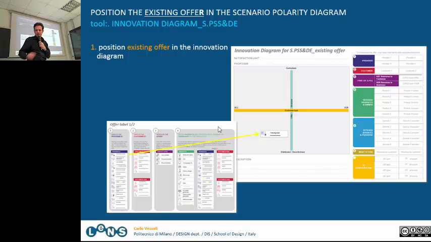And so what is asked of a company we are working for is to position itself into the polarity diagram, which is basically the same as the one we have for the scenario, except that for the existing system we don't have decentralized and distributed, we have centralized and distributed, because it's not said that the company is already decentralized and distributed.